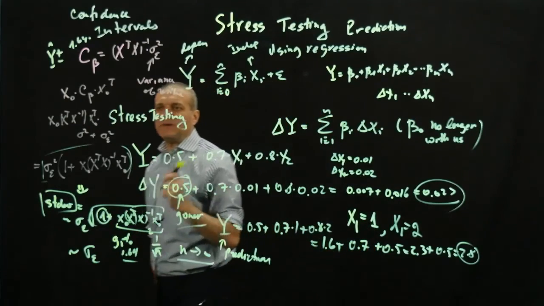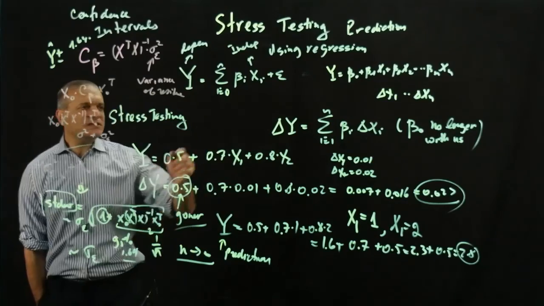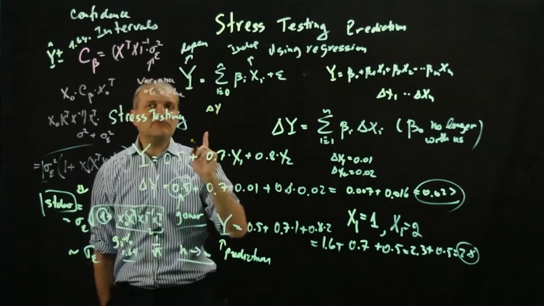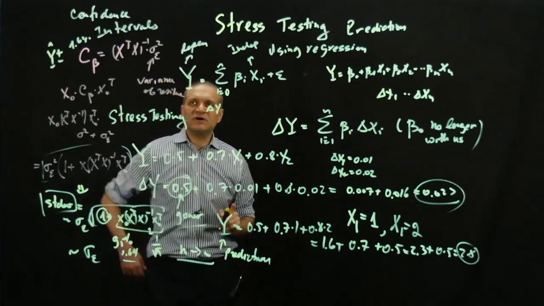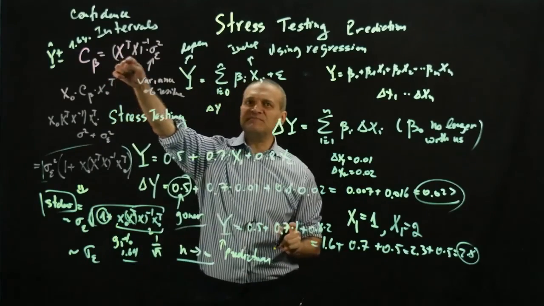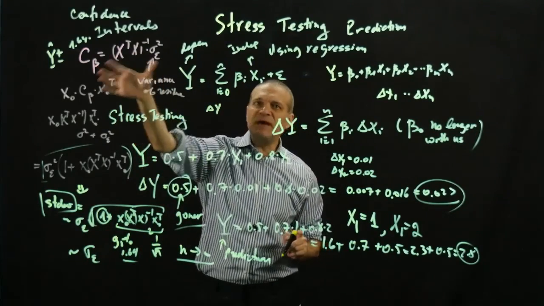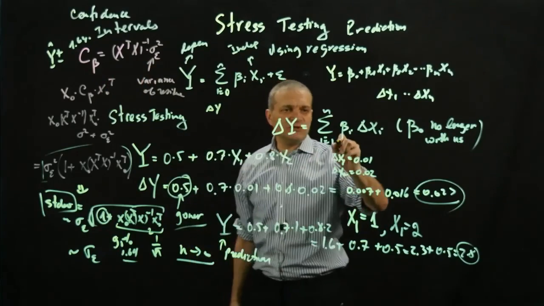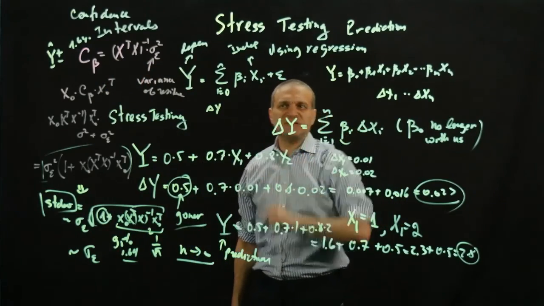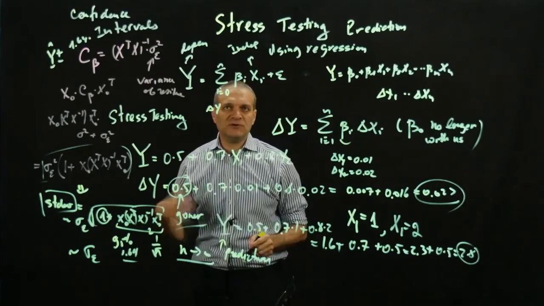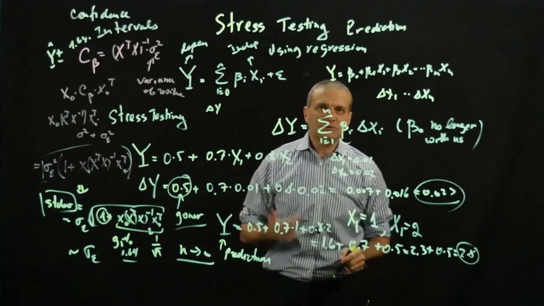But now, what's going on with the delta y? The first thing you want to notice is that the intercept doesn't participate. So the betas which are going to contribute are going to be just the betas without the intercept.